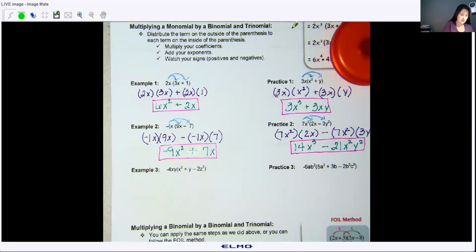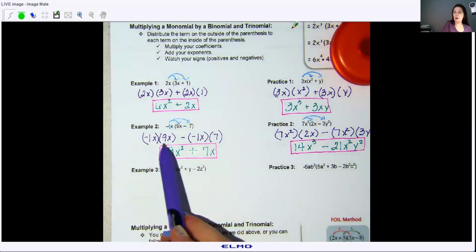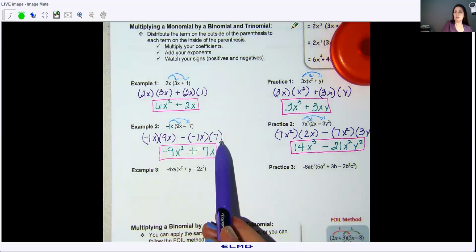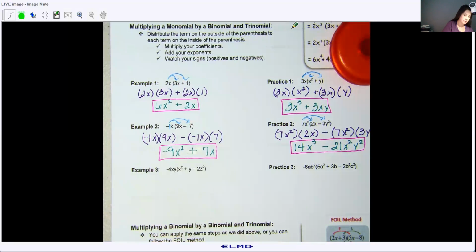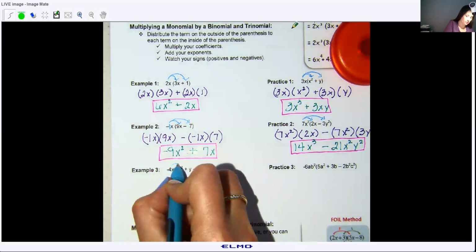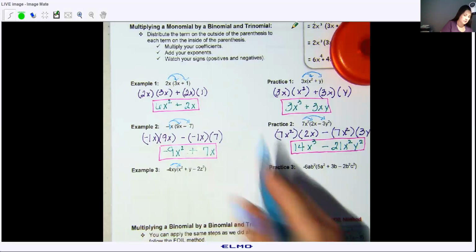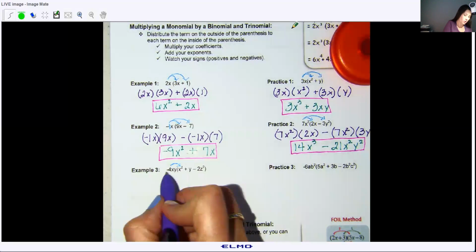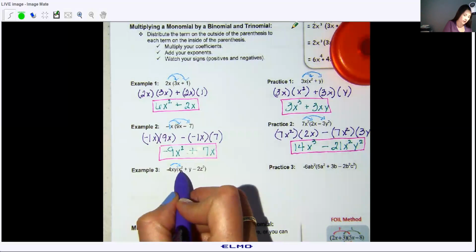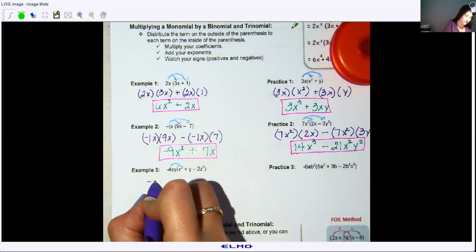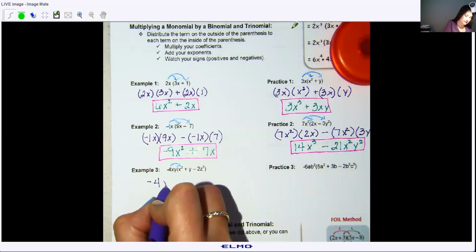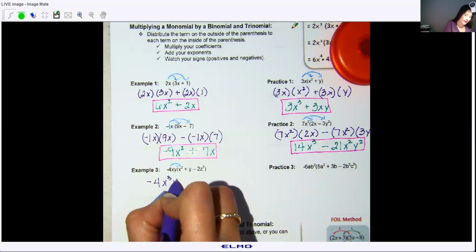Okay, so this time, instead of writing it all out like this, because a lot of times we could do this in our head, I am just going to multiply these together like this. So a negative 4xy times x squared gives me a negative 4x cubed y.